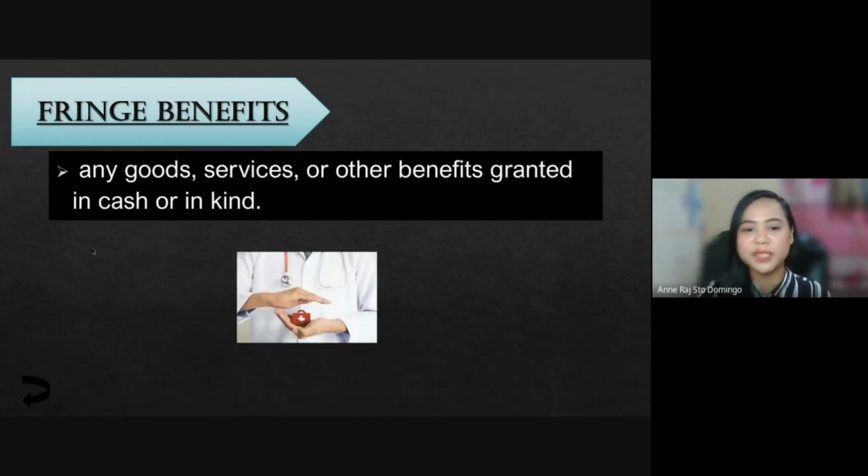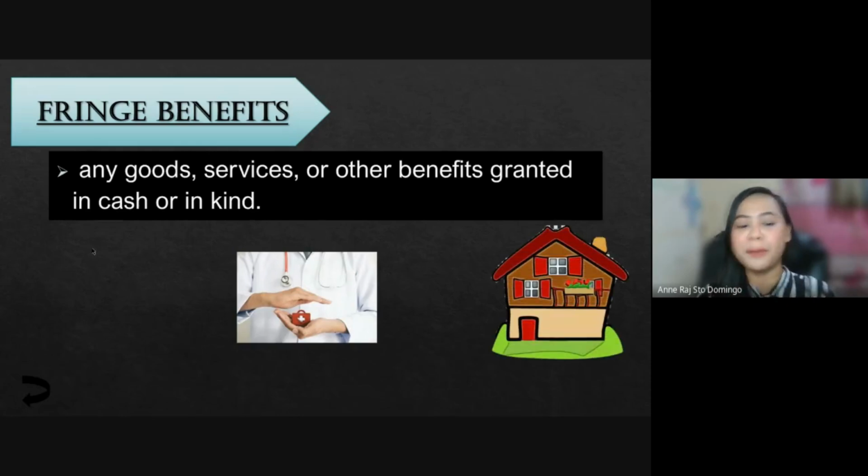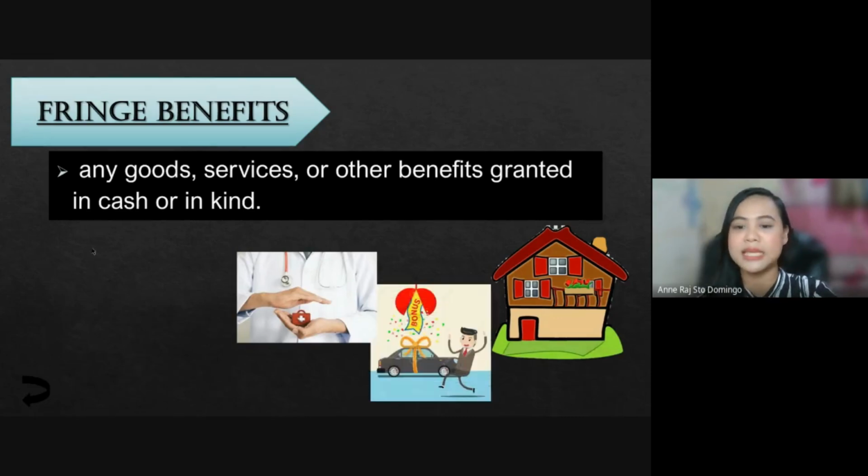Isang example dito is yung medical health insurance, like HMO. And also yung mga pabahay, house allowance. So these are in terms of goods. And lastly, yung pang transpo, which is car loan.